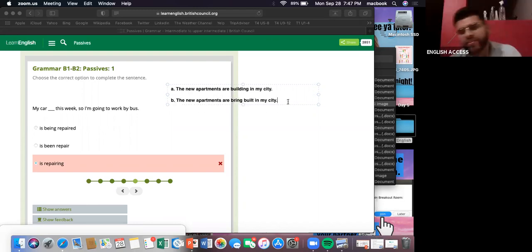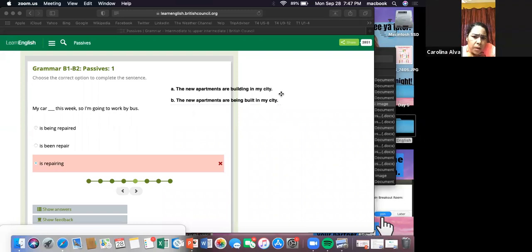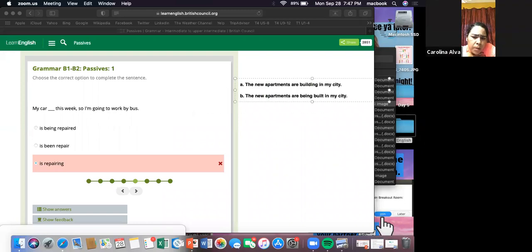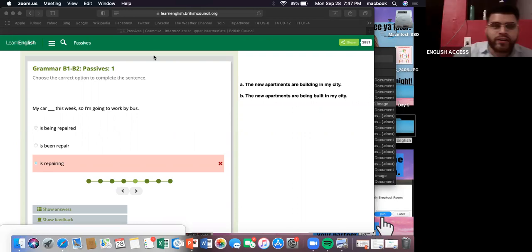What is correct here, Caroline and Celine? Let me change this. "The bring boiled inmates are being boiled in my city." "The apartments are building my city." Letter E. Letter B. Why?